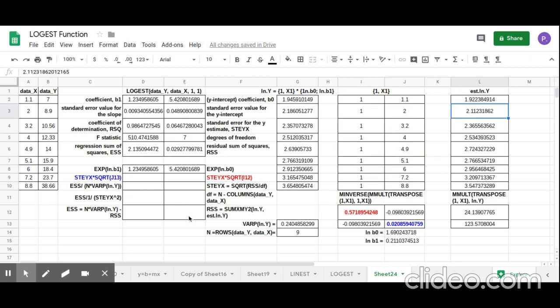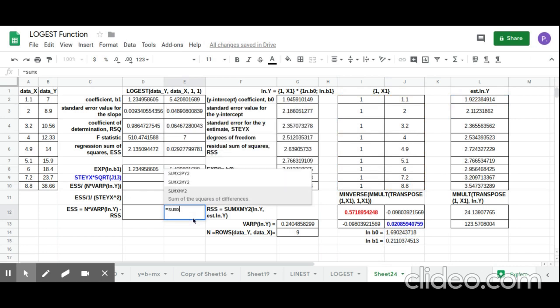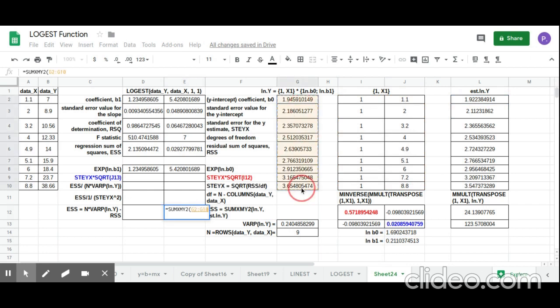Now we can calculate the residual sum of squares, which is equal to SUMXMY2, or the sum of squares of differences of ln y and ln y hat, which matches our LINEST output.